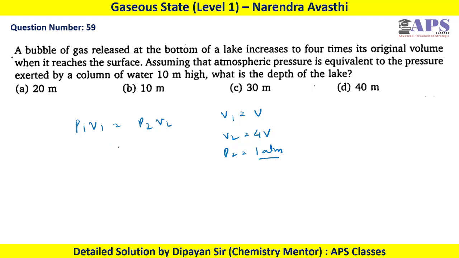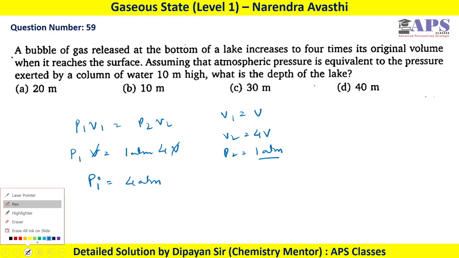We have to calculate P1, where V1 is V, P2 is 1 atm and V2 is 4V. If we cancel V, the initial pressure is going to be 4 atm.